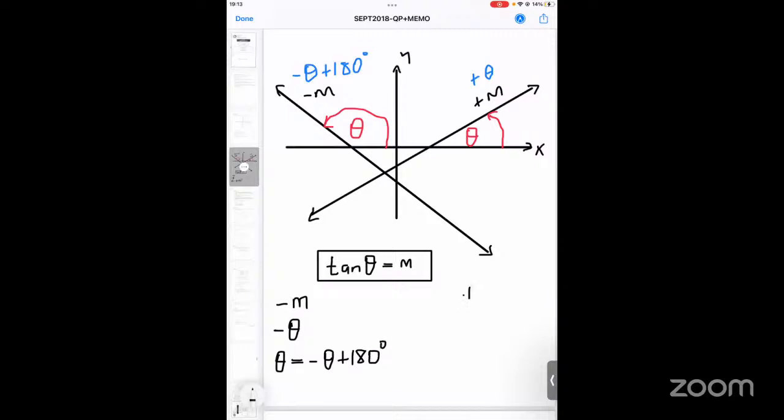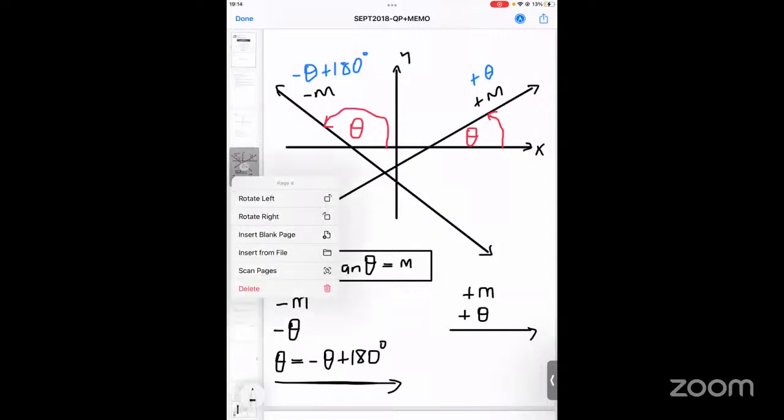But when you have a positive gradient, you will have a positive angle of inclination, and then you will be done. So those are the notes, honorable members. We will do an example just now so that what I'm explaining makes sense.